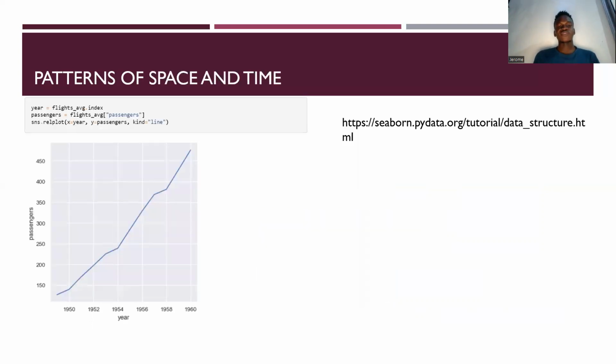And then patterns of space and time. Based on the example I gave of heat maps, where we had flights and passengers, here we see how the number of passengers increases as time increases. With the increase in the years, the number of passengers increases.